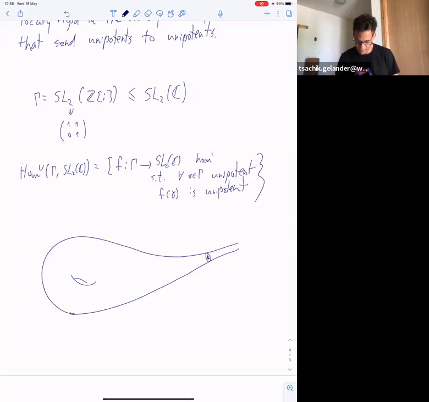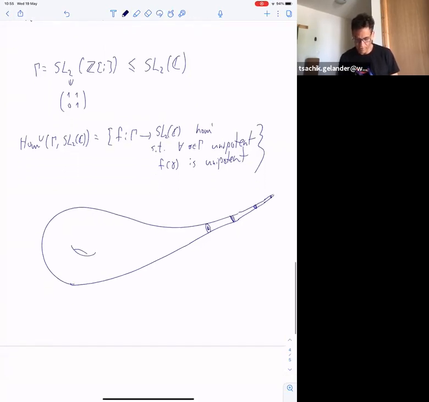You can do it farther along the cusp and get a sequence of compact manifolds converging to a non-compact one, and this allows you to find interesting examples of hyperbolic manifolds.